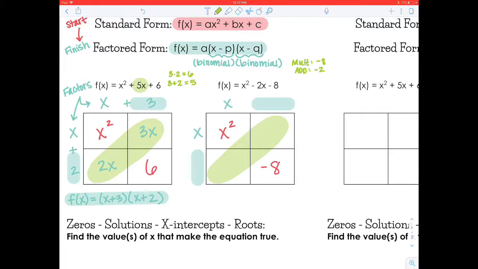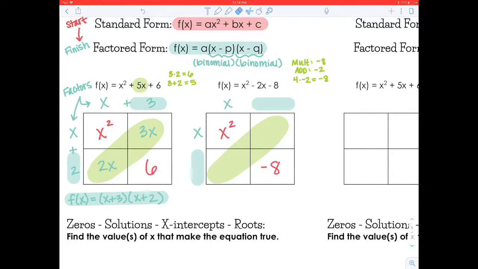Okay, so what if we did, well, we know that 4 times negative 2 equals negative 8. But does 4 minus 2 equal negative 2? No.